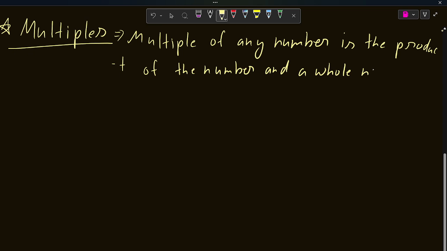Okay, now this will be more clear when we discuss it with the help of an example.